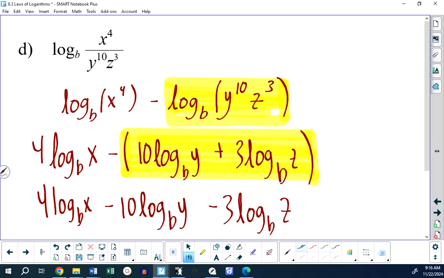So y to the 10 is in the denominator, which means the logarithm associated with it is negative. Z cubed is in the denominator, so the logarithm associated with it is negative. It's just a quick shortcut, because if there's 4 or 5 different parts or variables, then it gets complicated with the brackets.